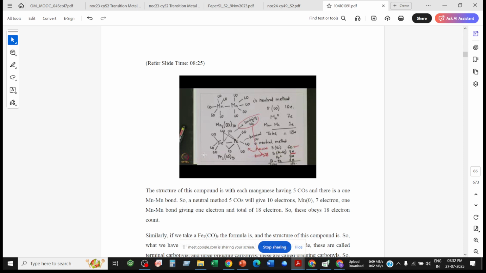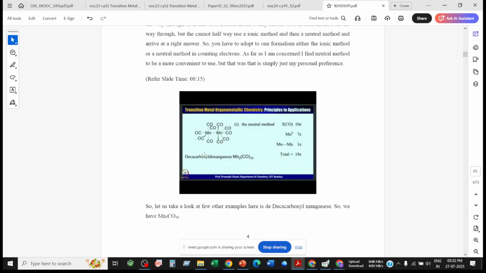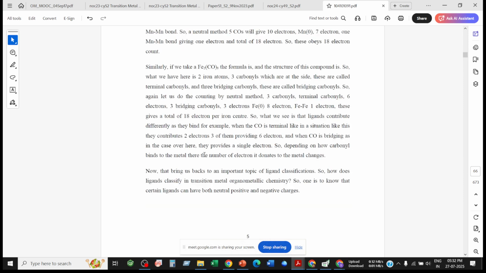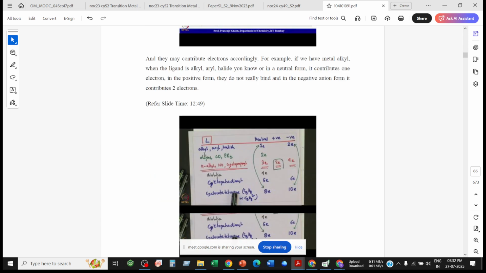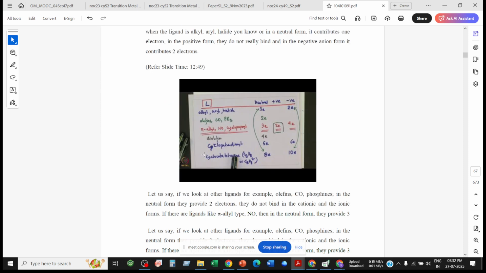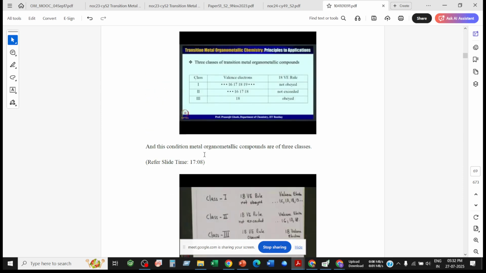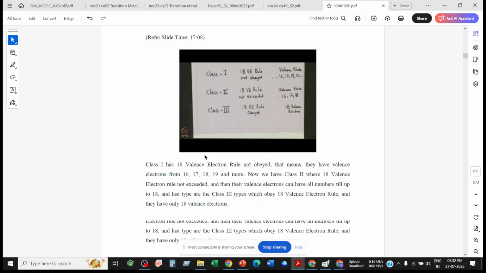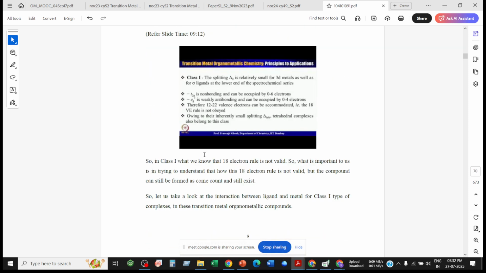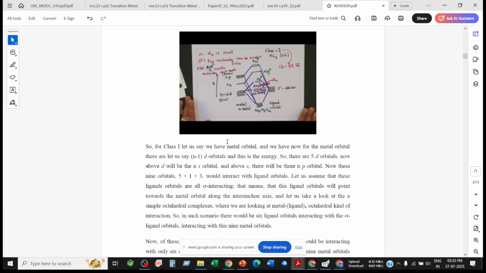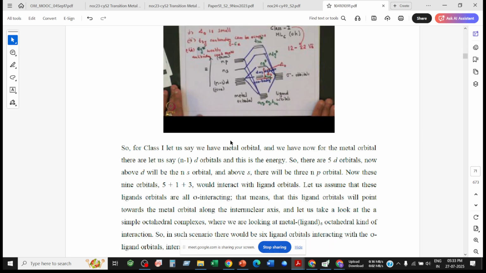Another structure that will come is Fe3(CO)12. These 3-4 structures you have to remember, because this question can be asked. And here is the orbital diagram which I am discussing.